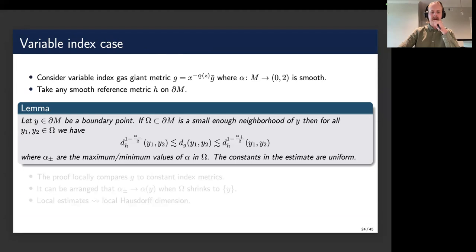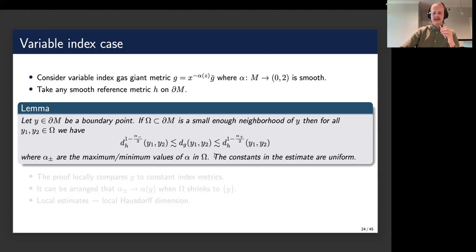So now we consider a variable case where alpha is a smooth function, and we take some reference metric h. And what you can show is the following type of result: for any boundary point, if you're sufficiently close to that point, so construct some nice neighborhoods, then in these neighborhoods you have locally these sorts of estimates, where alpha plus and minus correspond to the maximum and minimum values of alpha in here.